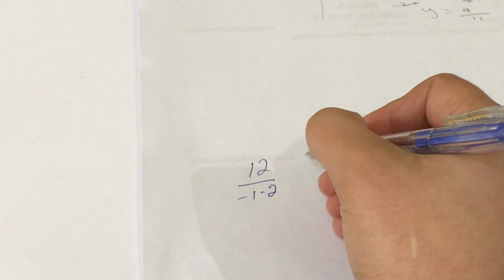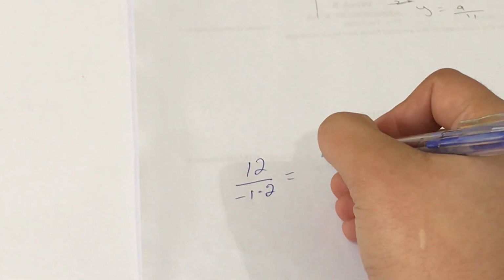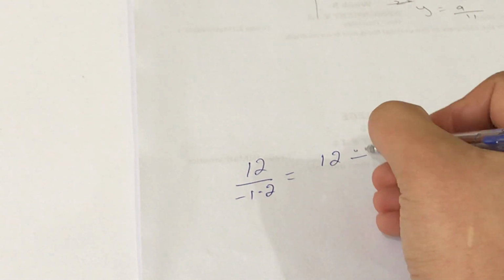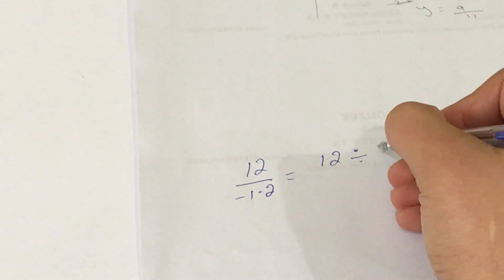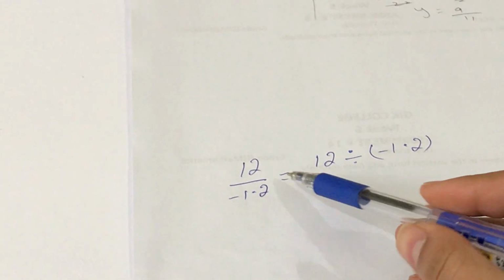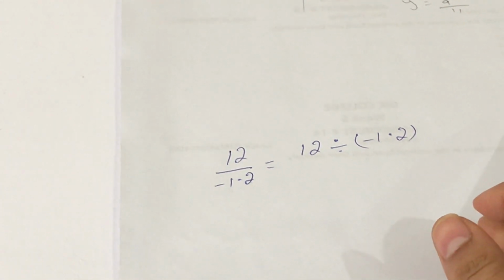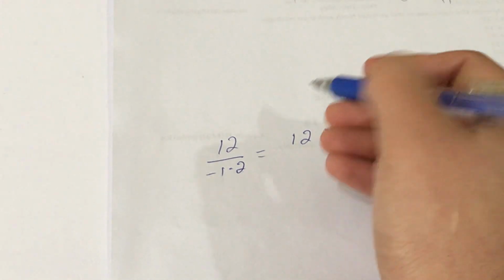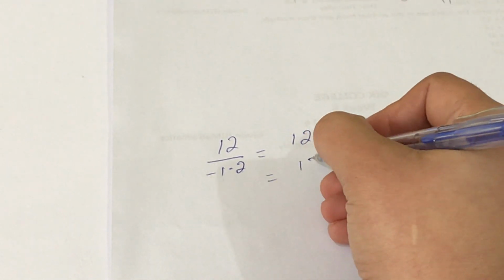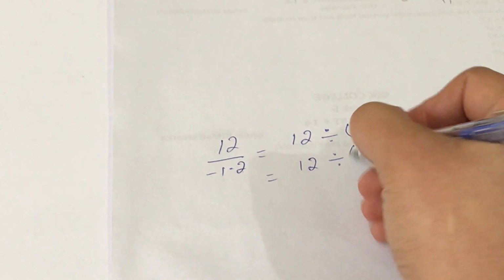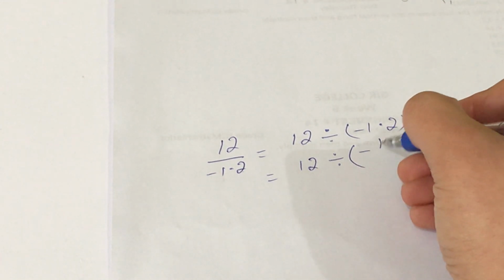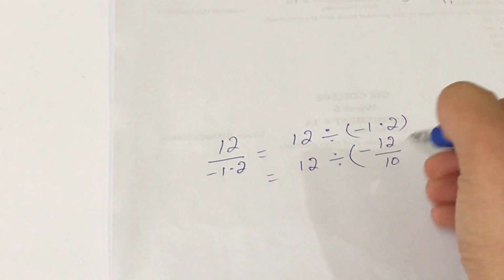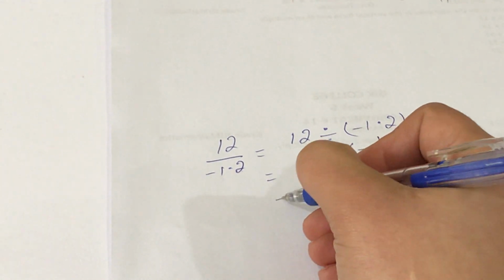You can write it like this: 12 divided by negative 1.2, right? As you all know, denominator is always a divisor, right? So 12 divided by negative, eliminate this decimal point, so it will be converted into a fraction, 12 over 10.